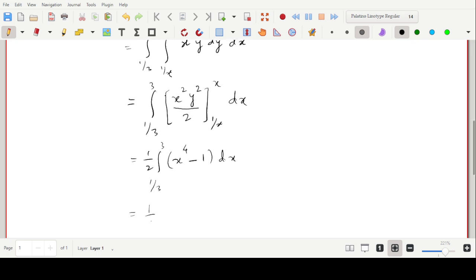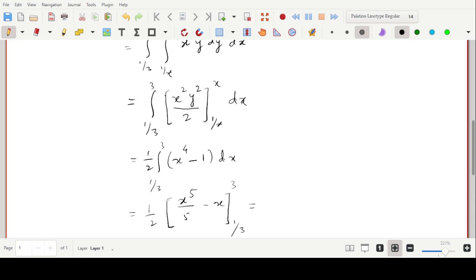So we have 1 over 2, and now the integral of this with respect to x is x power 5 over 5 minus x, from 1 over 3 to 3, and whatever this number is, we can compute that.